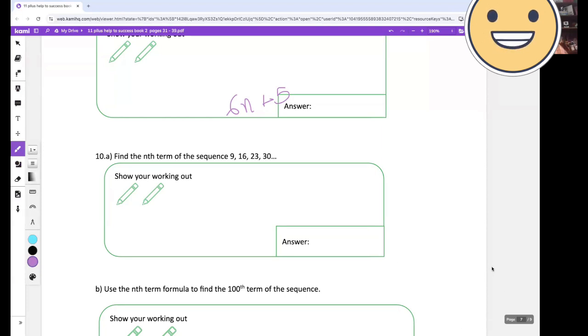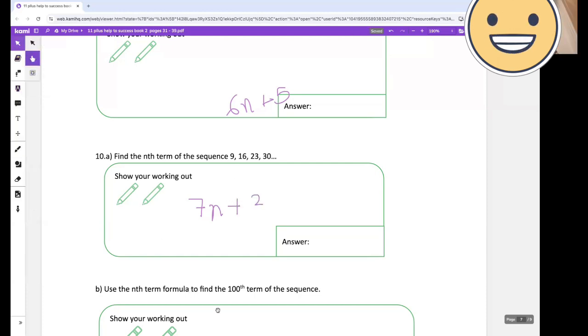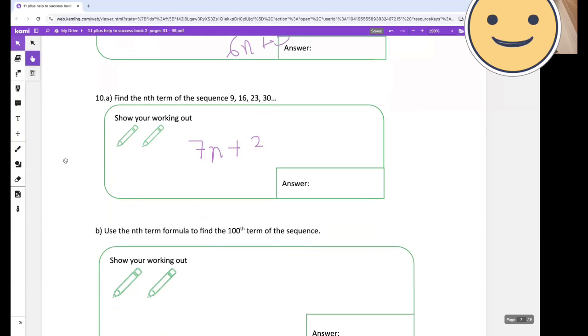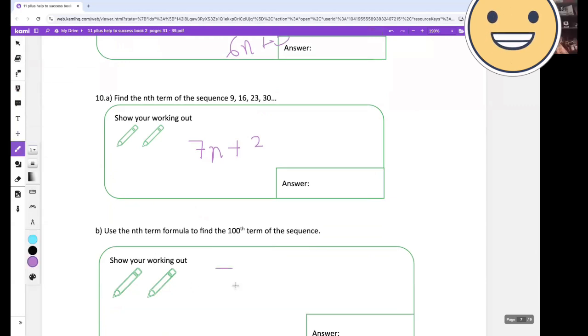Let's see who didn't get a turn. Advik, do you want to give number 10A? 7n plus 2. Do you want to give the B part also then? 702. Good. That is 702 is also right.